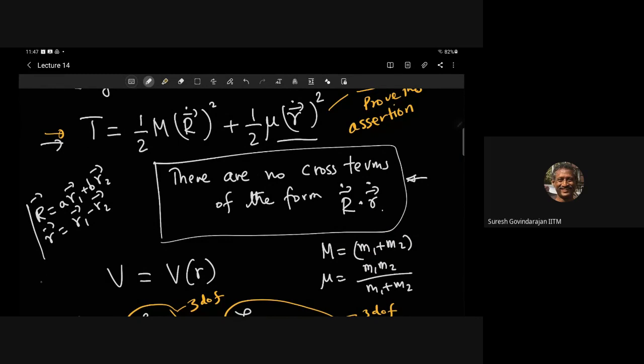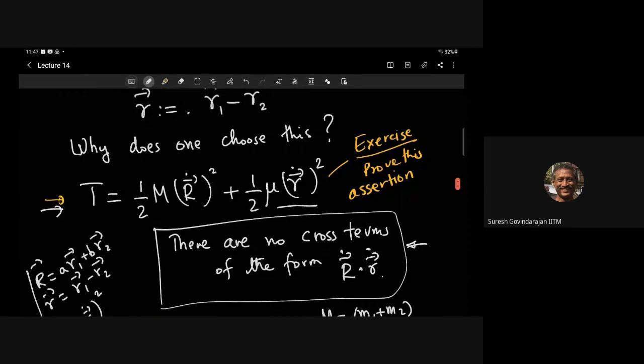All I'm saying is that if you have something like this, alpha R dot plus beta little r dot whole square. If you expand this, there will be 2 alpha beta R dot r dot, some cancellation has to happen.